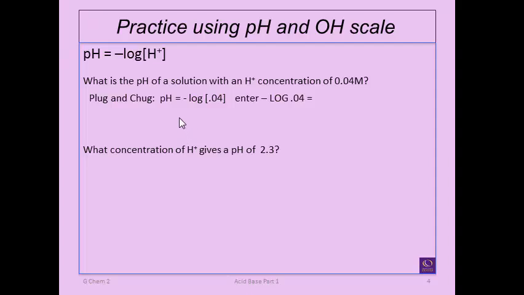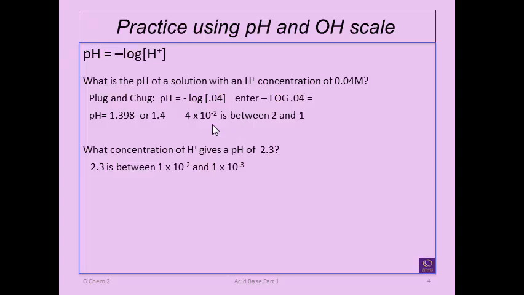So the first one, basically plug and chug, just plug in your concentration, take the negative log of that. So on your calculator you would basically put in negative log of 0.04 and you would get a pH of 1.398, and that's somewhere between pH 1 and pH 2, which you would expect.